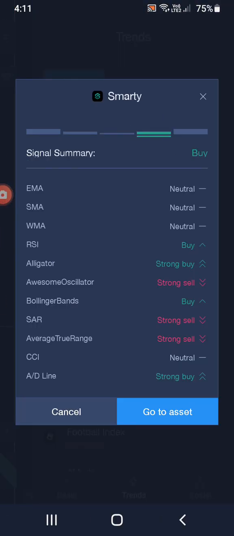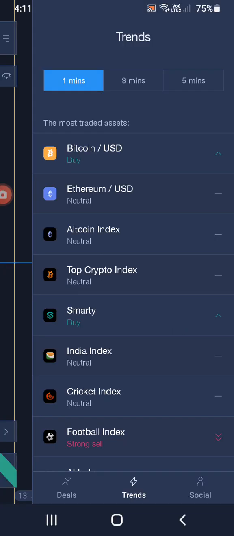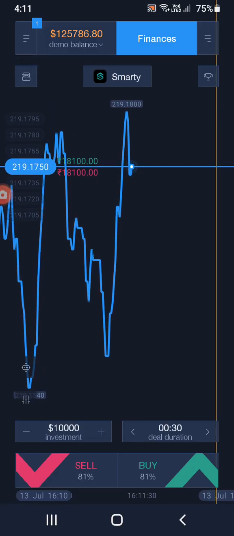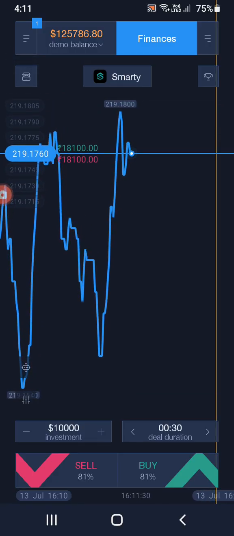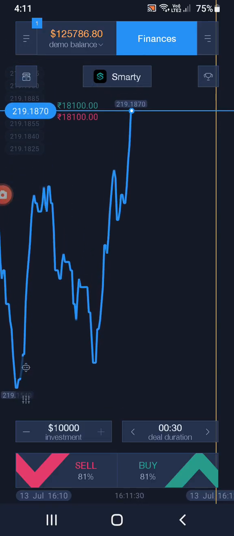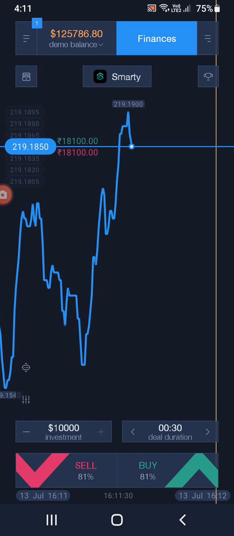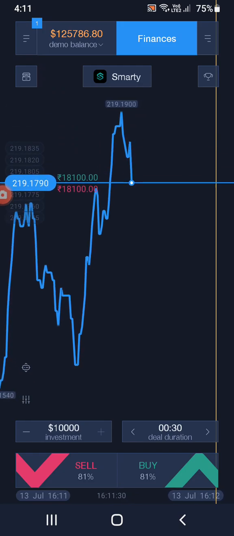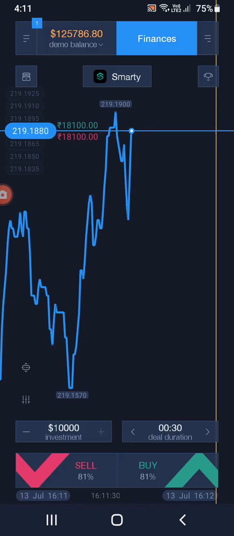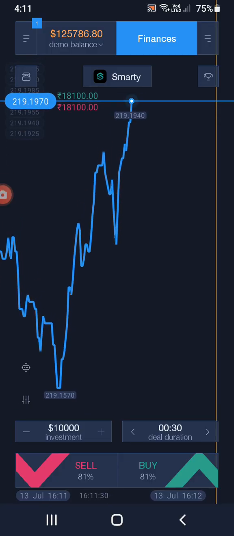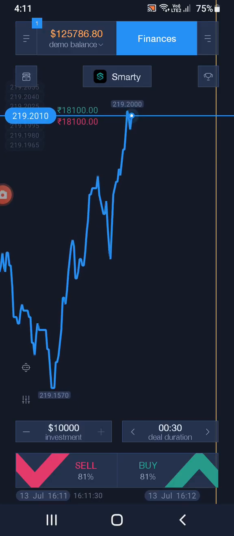Now you see Smarty is in the buy mode. That means we need to take a trade in the sell mode when the line is coming down. Just before the line comes down to the bottom, we need to be ready and take a trade in the downward direction. And just because this is a demo, I can even show you taking random trades of how you win, and you can be confident of winning each time you use this strategy.